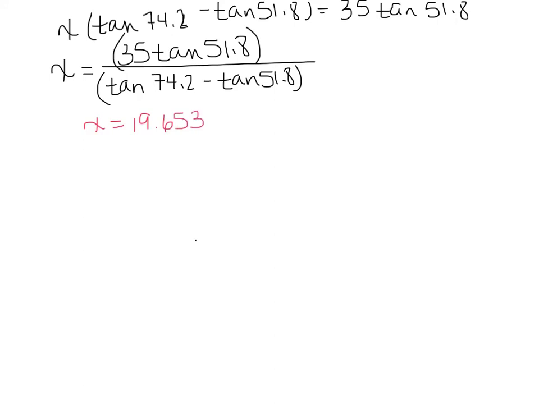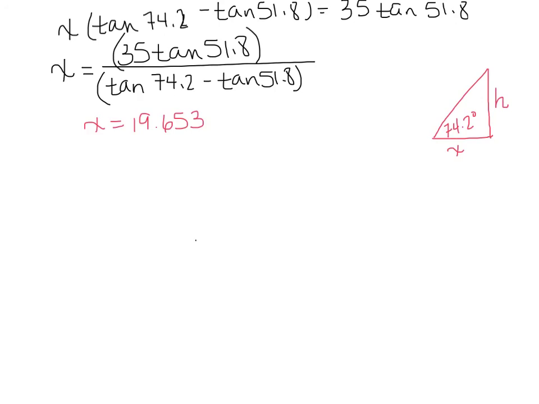19.653. Now remember, that's not what the question was asking. It asked for the height of the building. So when I go back, I remember that I had this right triangle. This was the 74.2 degrees. Here was X. Here was the height of the building.